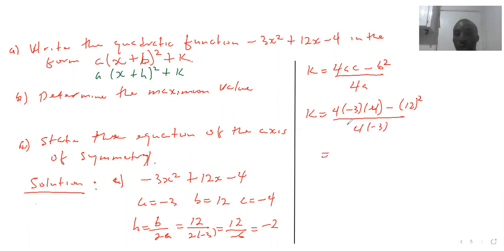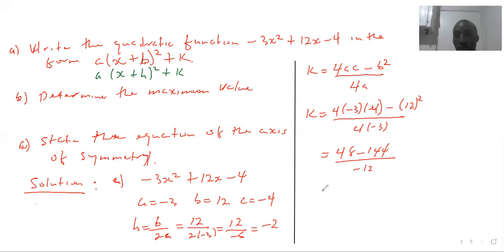So when we work it out, 4 times -3 will give me -12, and the negatives will give me positive, so it will give me 48 right here. Minus 12 squared. So 12 squared gives me 144, over -12.